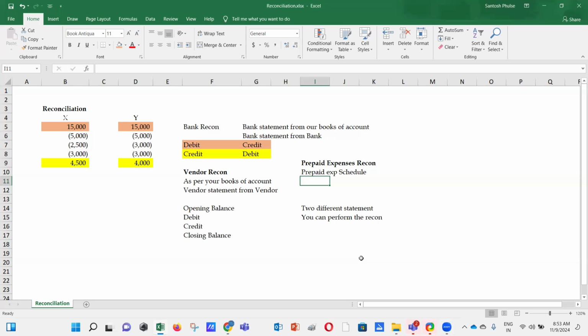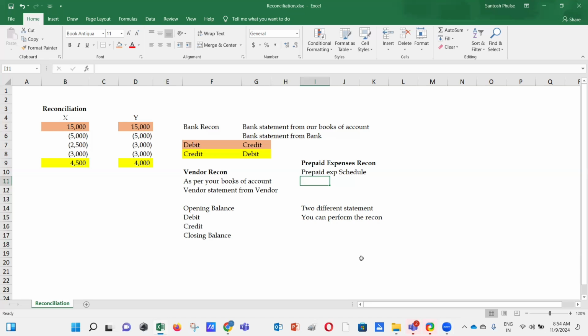That's your balance sheet reconciliation, where you capture the details, prepare the schedules, and then do the reconciliations. So the reconciliation concept itself is not that complicated.